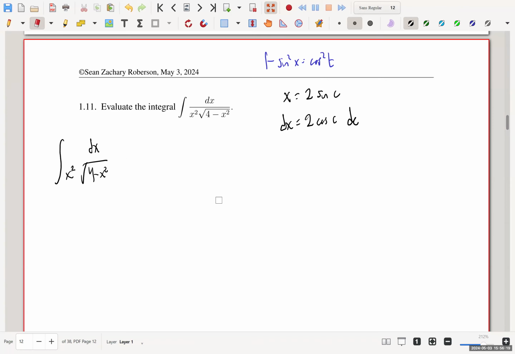So dx is 2 cosine C dC, divided by x squared, that's 4 sine squared C, and the square root of 4 minus x squared, so it's going to be 4 minus 4 sine squared C.